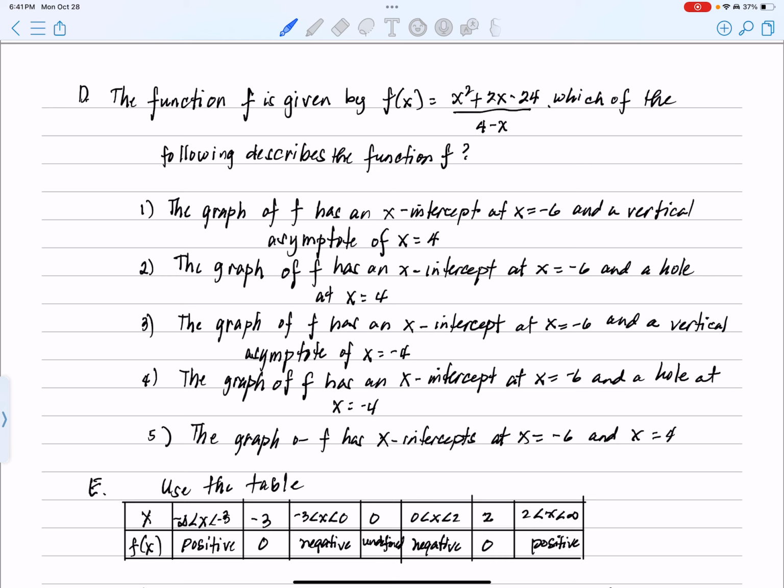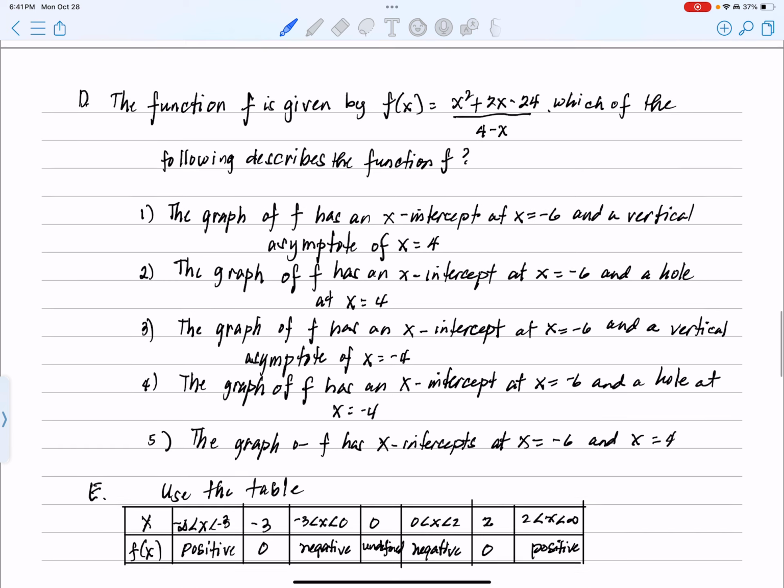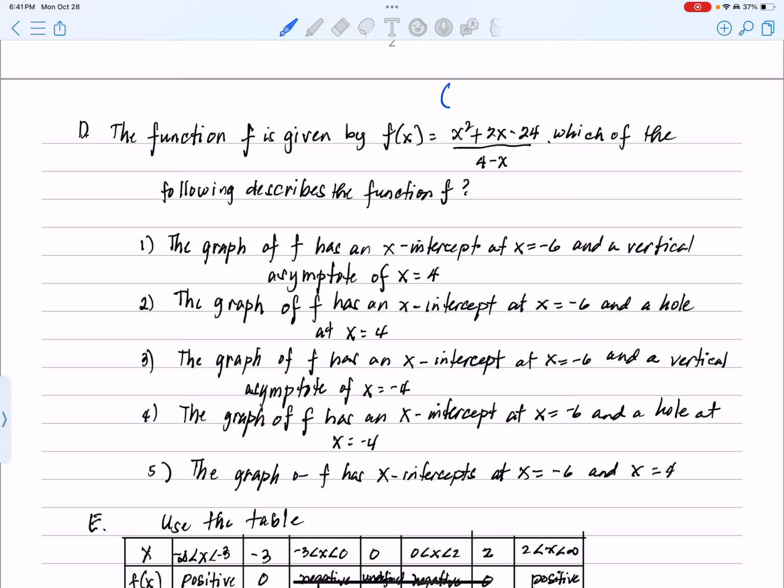We're going to factor out the numerator. Negative 24 is 6 and 4, and the middle is positive, so we have plus 6 and minus 4. We have to equate the numerator to find the zeros. We have x minus 4 and 4 minus x.